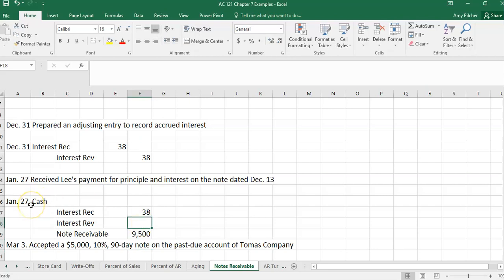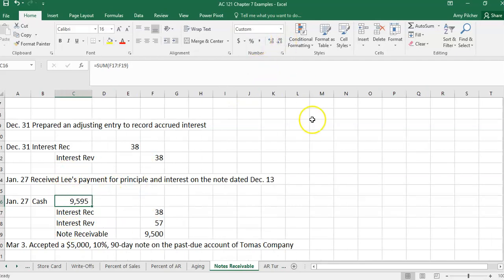Now 27 more days have passed. So we need interest revenue. We need to take our note amount, $9,500, times 8% times 27 days divided by 360 days to give us interest revenue of $57. Our cash received is the sum of all three. So we received $9,595 in cash for that note.